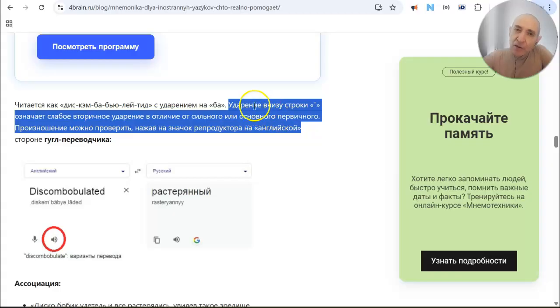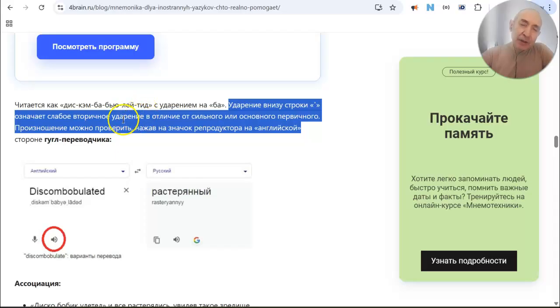They are saying ударение внизу строки. So внизу means below, like in the lower part. And строки comes from строка, that is line. So the emphasis in the lower part of the line. And here there is a mistake because they put it above, but they should have put it below.